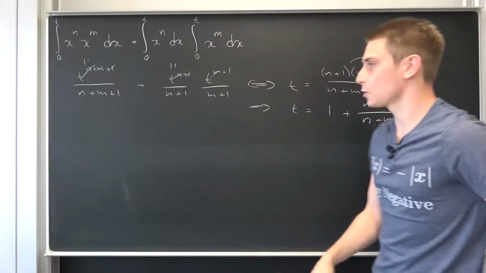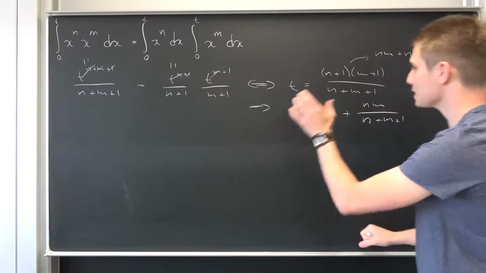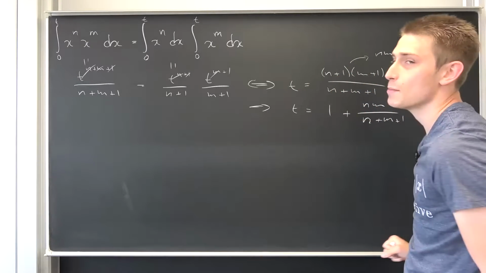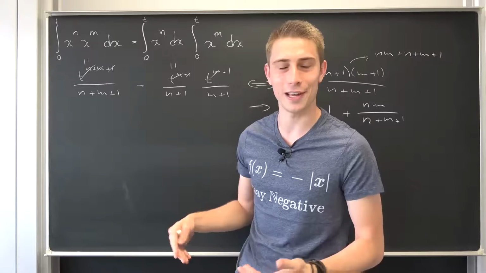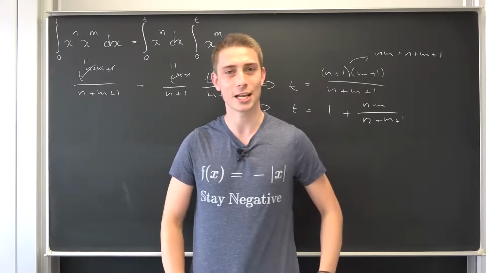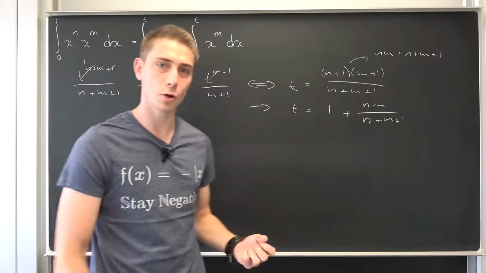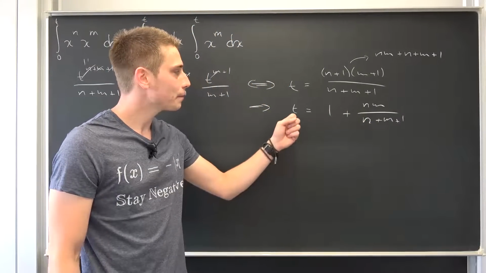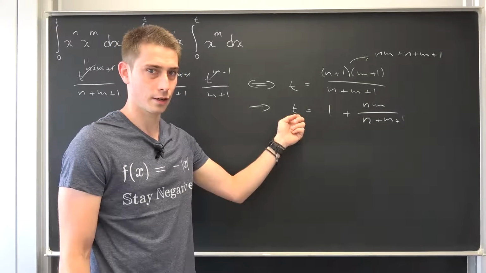Now we can get started with the main point of the video. For myself, if I see stuff like this, n and m's, I like to do a little bit of elementary number theory. It's just in my blood. I just love to play around with cases a little bit. And do you know what would be interesting? To find positive integer solutions of t.